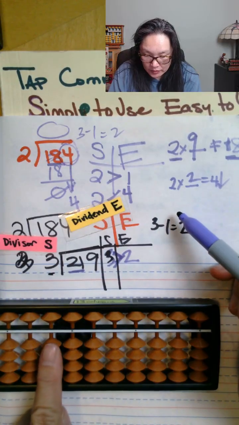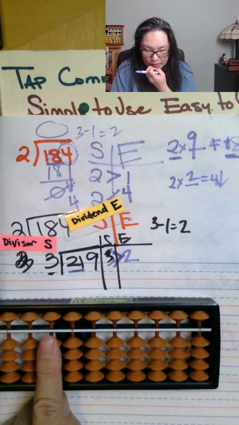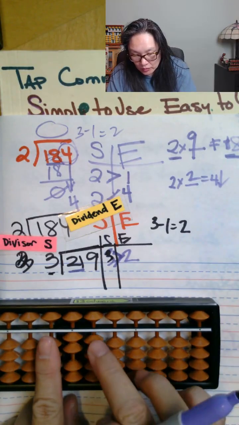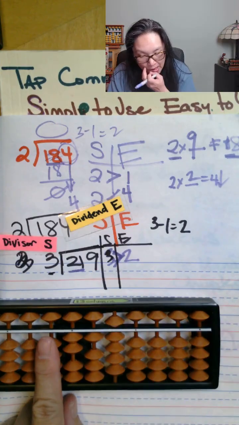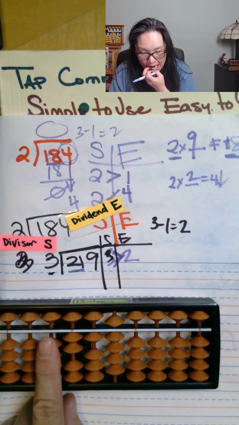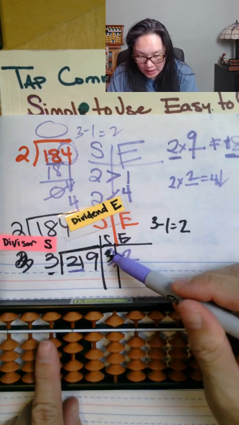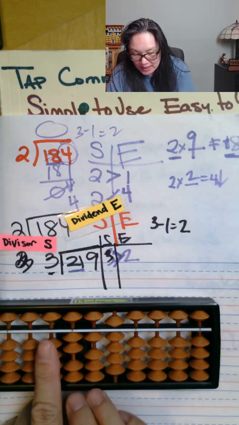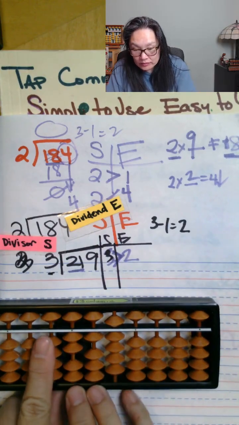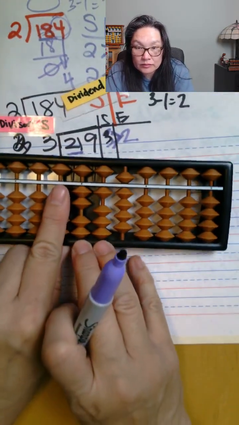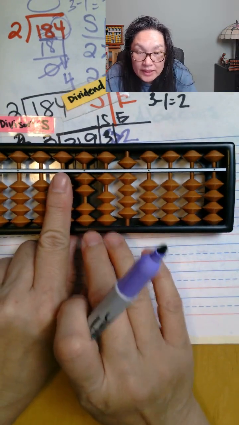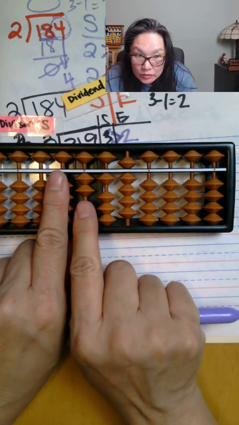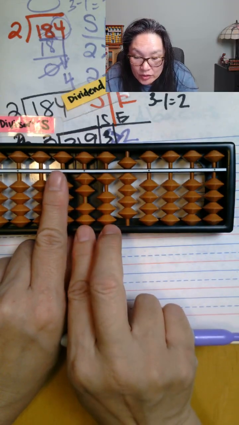This is where my answer is going to go. I need to put the dividend. So now I compare. Divisor is bigger, so I'm going to take these 2 columns because 3 cannot go into 2. So I have to take 2 columns.